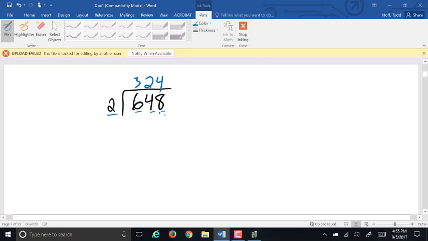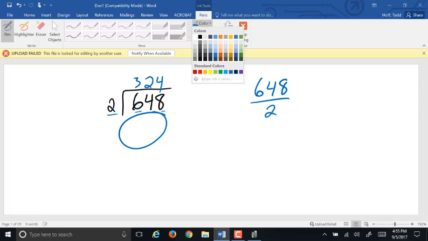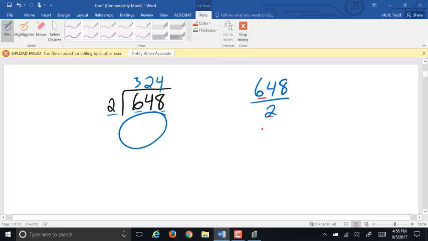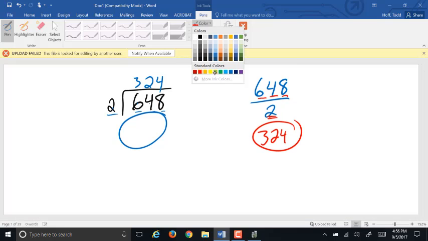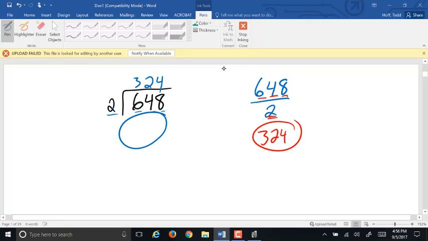So we didn't have to go through the whole long division. In fact, we could have done it like this, where it's just 6 divided by 2 is 3, 4 divided by 2 is 2, 8 divided by 2 is 4. So you get 324. That same process, the simplified process, applies to our algebraic numbers.